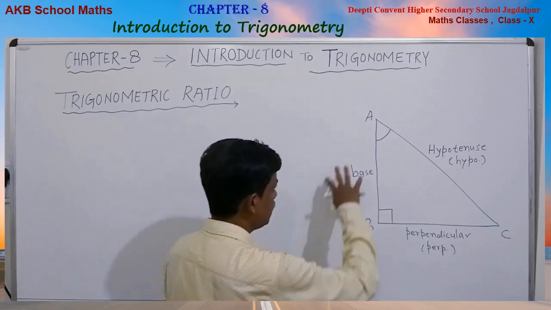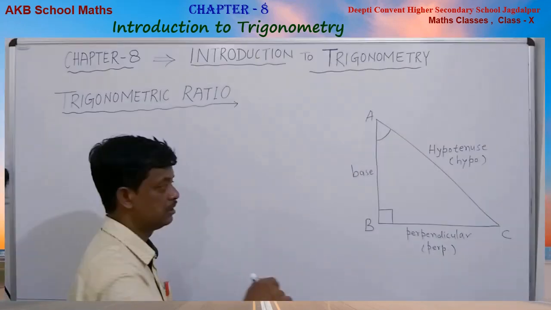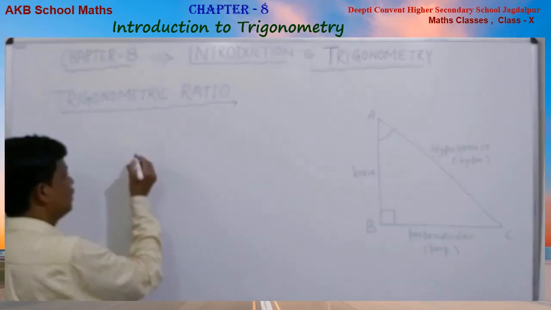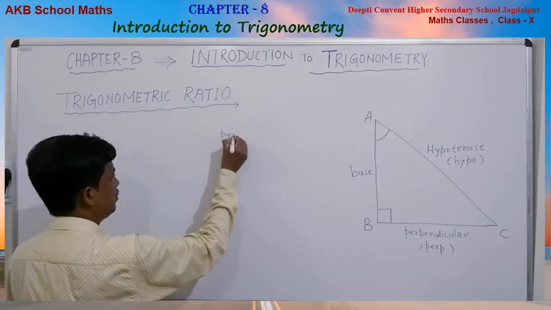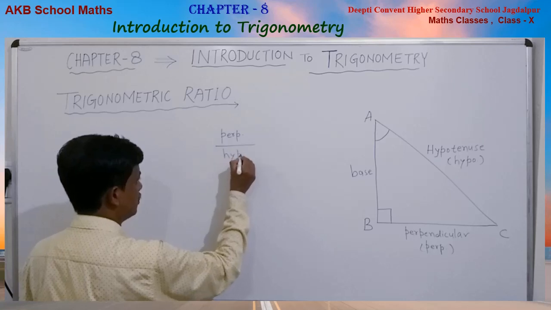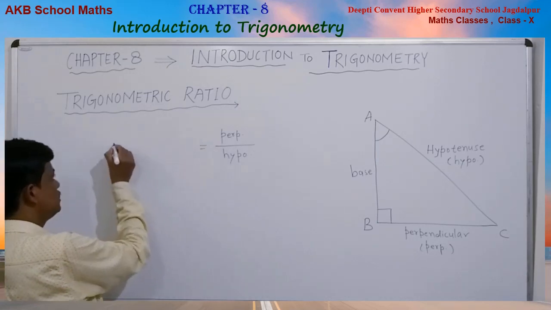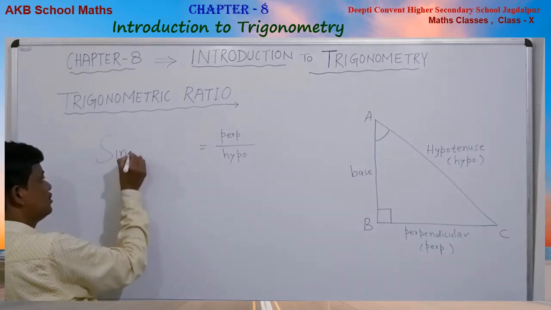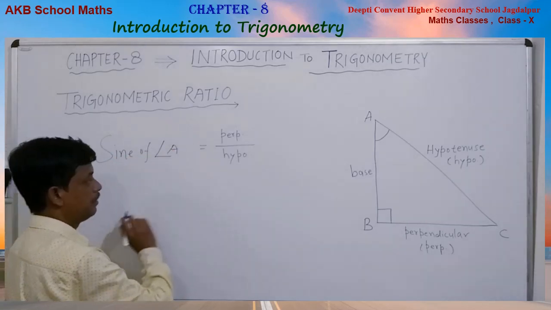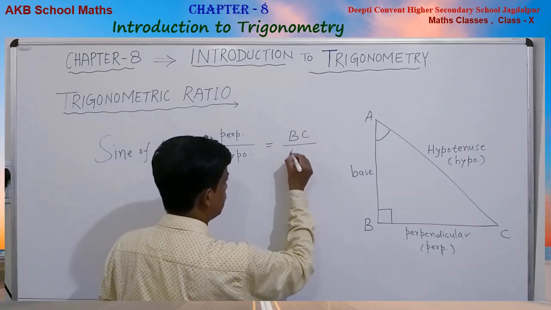By taking these three sides, we form some ratios. For angle A, perpendicular upon hypotenuse is defined as sine of angle A, that is BC upon AC.